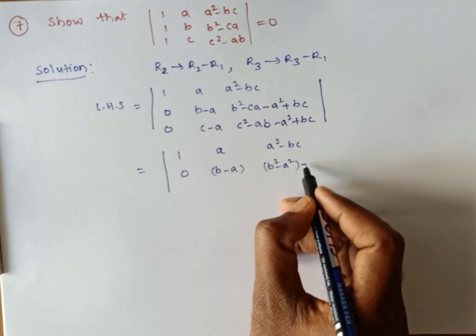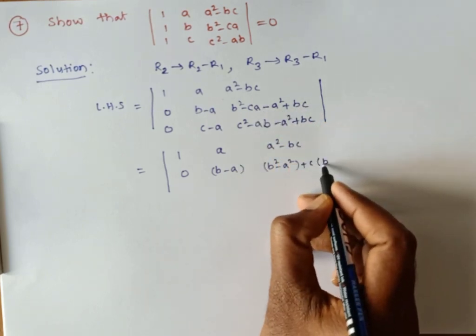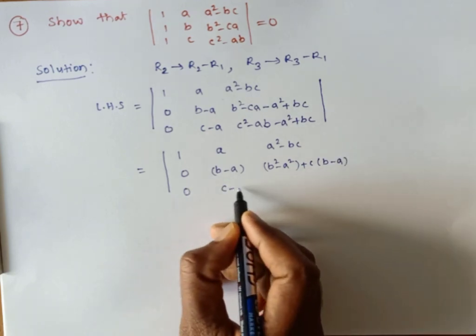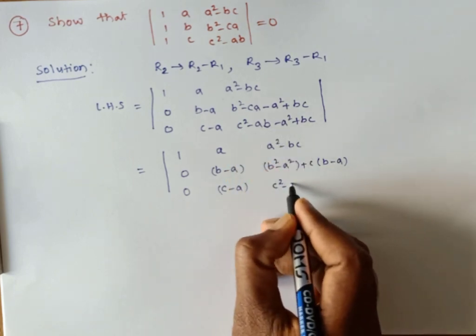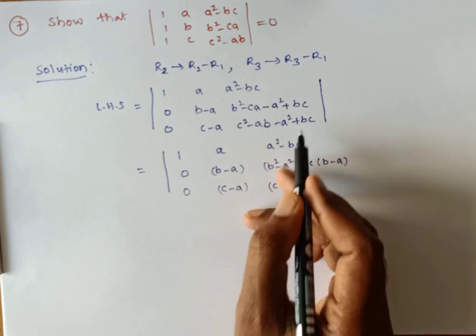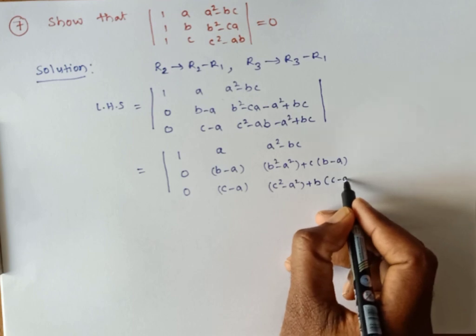Now next, observe these two. Here c is common, then this part is b minus a, and 0, c minus a. Here c square minus a square, and the remaining two terms are minus ab minus bc. From that you can take b common, so that it is c minus a.